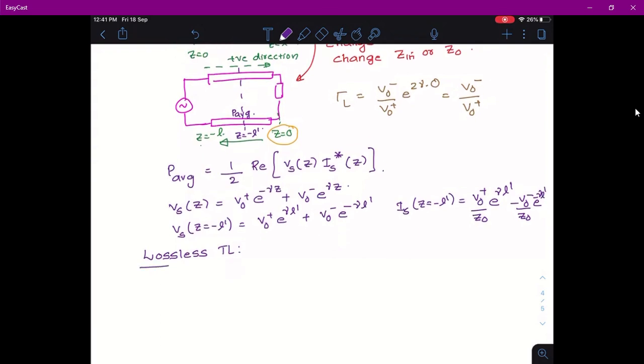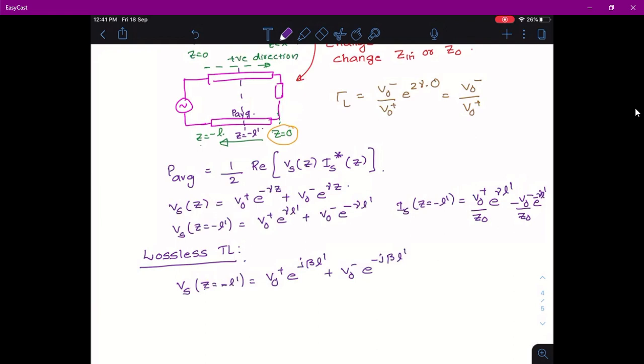So, for the lossless transmission line, Vs at Z equal to minus L dash is equal to V0 plus e raised to j beta L dash plus V0 minus e raised to minus j beta L dash.